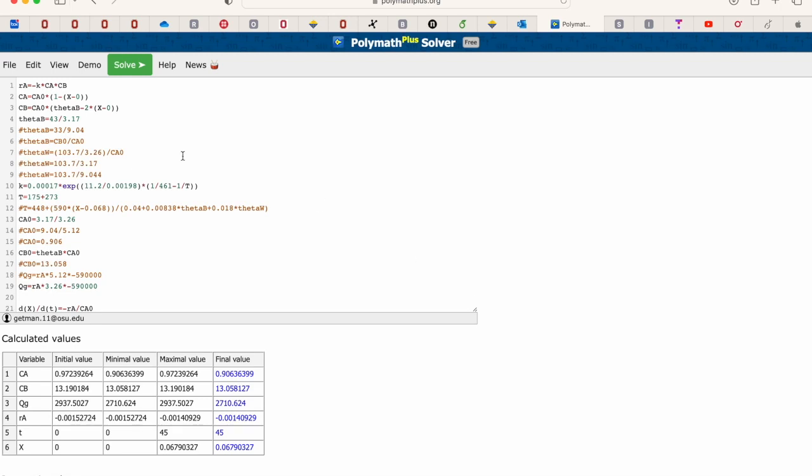The free online solver only allows you to have 10 explicit equations. That's what these equations are here. Because of that, I'm combining equations. Normally, if I wasn't limited, I would write everything out symbolically and define variables. That allows me to better check my work. Here I can't really do that because I need to conserve equations.